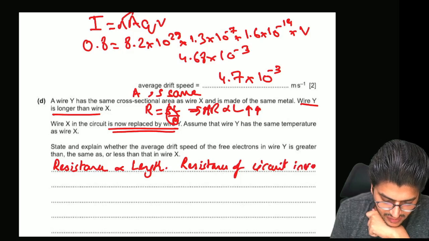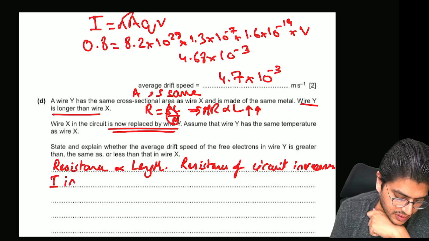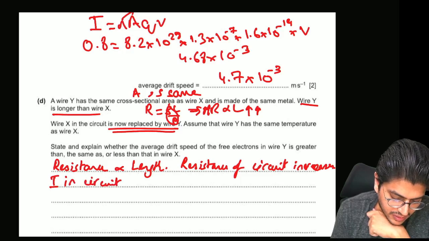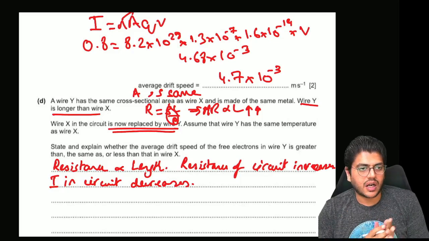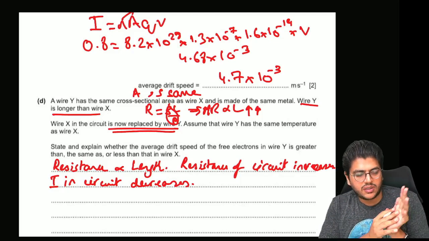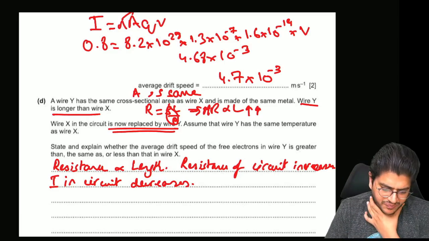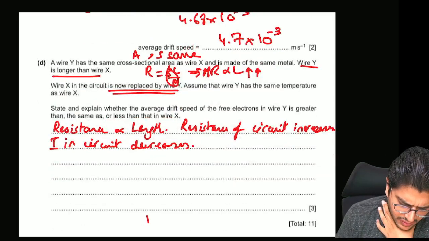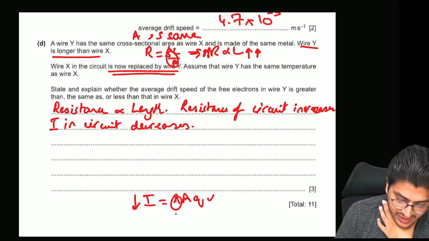hence resistance of the circuit increases. Okay. So what should happen to the current in the circuit? The current in the circuit decreases. Now, when the current in the circuit decreases, they're saying whether the drift velocity would be more or less. What is the formula for drift velocity? nAqv. Current has gone down. Number density, it's the same wire, same material. So number density is same, area is same, charge is same.